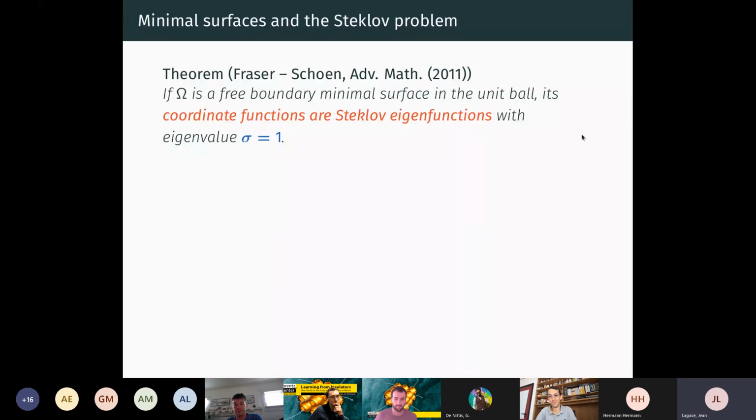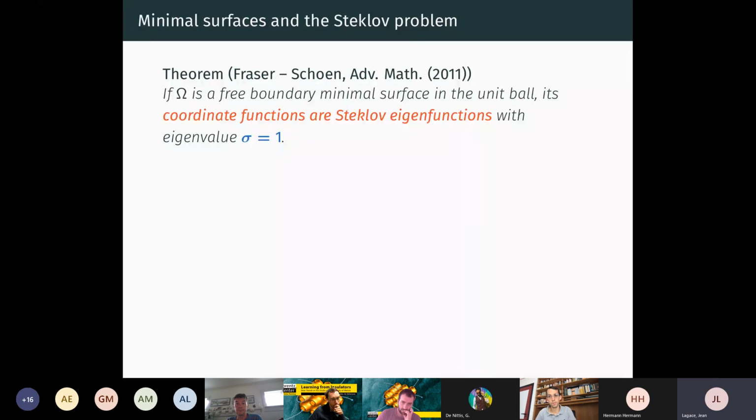So there is a theorem by Fraser and Schoen in 2011 that says that if omega is a free boundary minimal surface in the unit ball, then its coordinate functions are Steklov eigenfunctions with eigenvalue sigma equals 1.